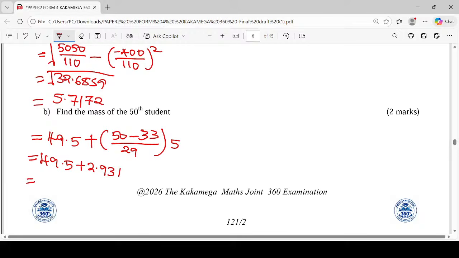Now when you take 49.5 plus 2.931, you are exactly getting 52.431. A very, very simple question. 52.431. That's how you could have answered that question.